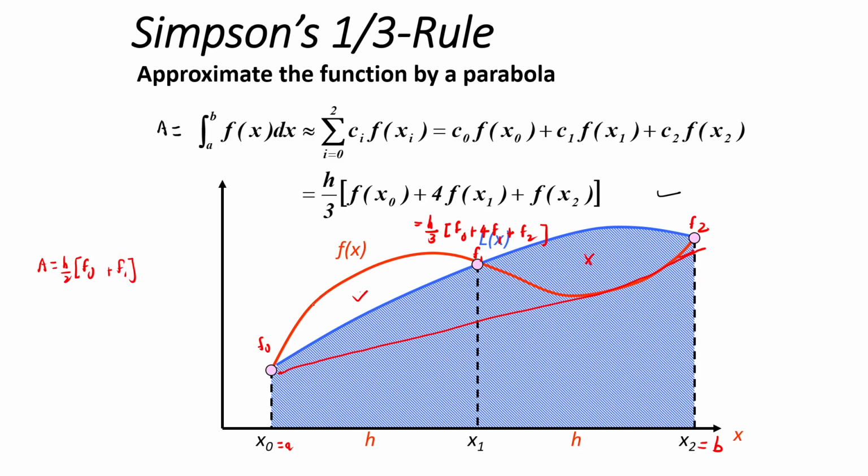Trapezoid is a linear approximation, estimated using the linear graph, and Simpson is estimated using the parabola, a quadratic, which is higher order. So Simpson 1/3 is always more accurate than the trapezoidal rule. Trapezoid minimum is one segment. Simpson 1/3 minimum is two segments.